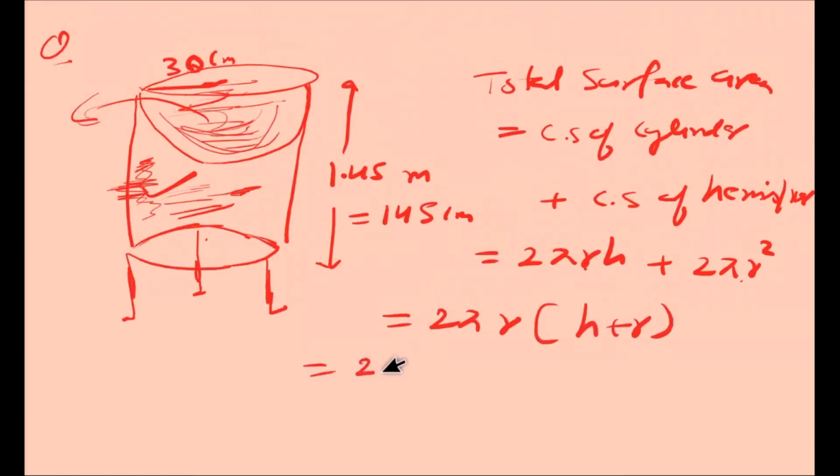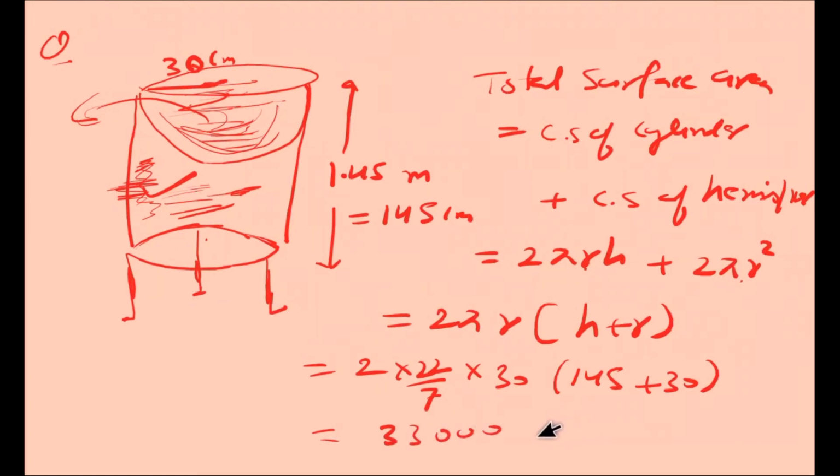Now radius is 30 centimeter, h is 145 centimeter. So you can calculate it is near about 33000 centimeter square, and you can change also in meter, 3.3 meter square.